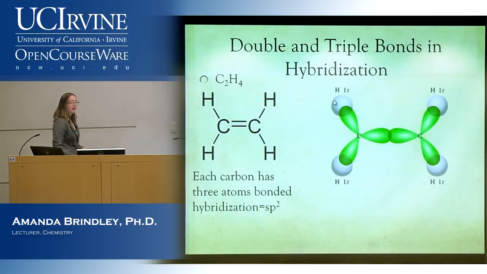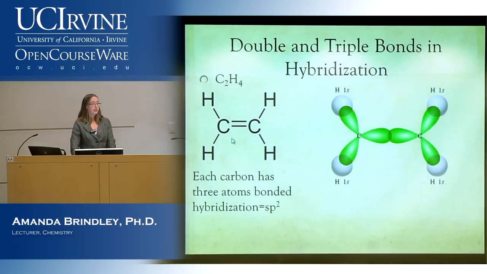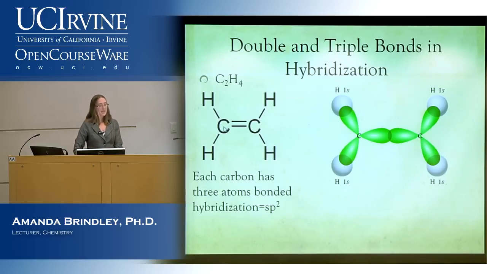If I said what does the carbon use to bond with, you would say sp2. If I said what orbitals form this bond, you would say sp2 and the s orbital from the hydrogen. Okay? What about this one? Same thing, right? The carbon uses the sp2 orbital and the hydrogen uses the 1s orbital.